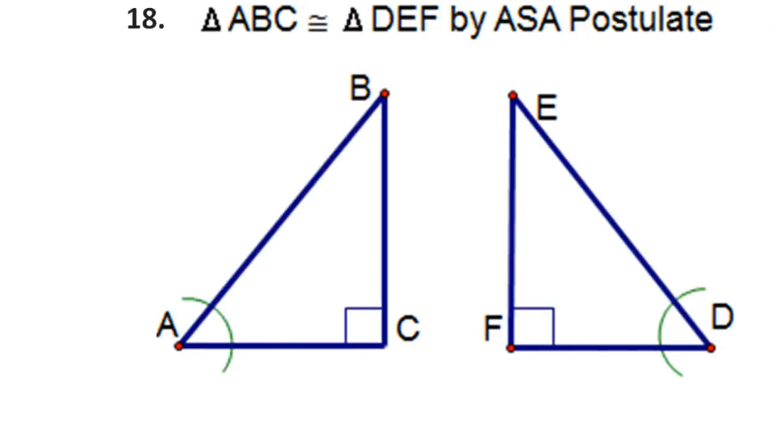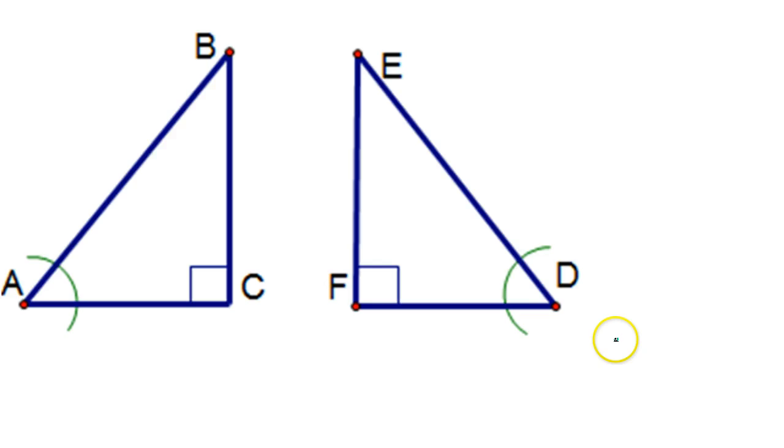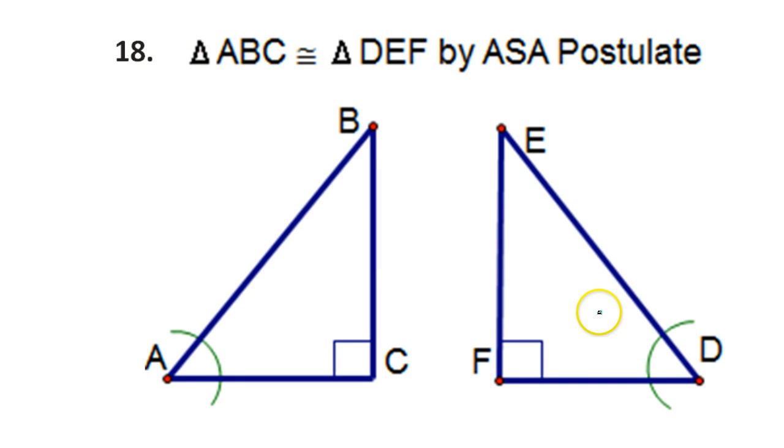Okay, and pretty sure this is the last one, number 18. They're telling us ahead of time that they want us to use the angle side angle postulate. Okay, angle side angle. So we have an angle and we have another angle. So for angle side angle, it has to be the side that's between the two angles.